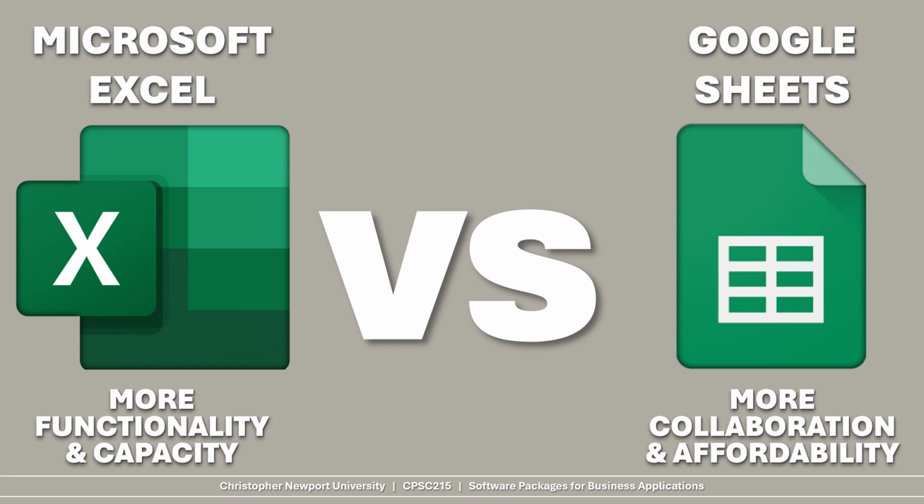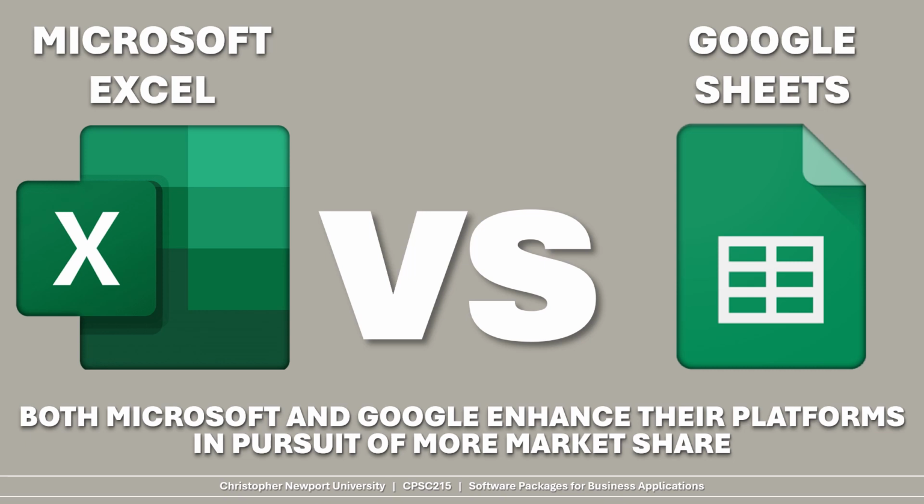Now, with all of this said, both of these companies are working to gain more market share, which allows them to increase their advertising revenue and probably even their sources for their AI tools. Also, a topic for another course, but they definitely benefit from having multiple users.